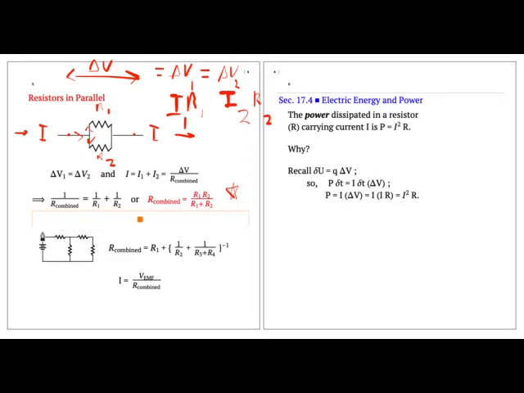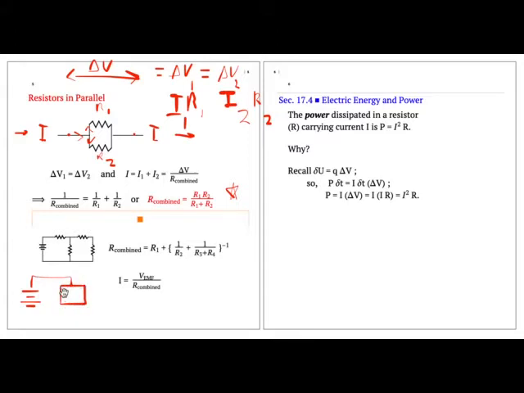Now let's go back to that problem that we considered with 4 resistors. What's the overall combined resistance? In other words, for the purpose of calculating the current from the battery, I can view this as one big resistor. So here's one big resistor.